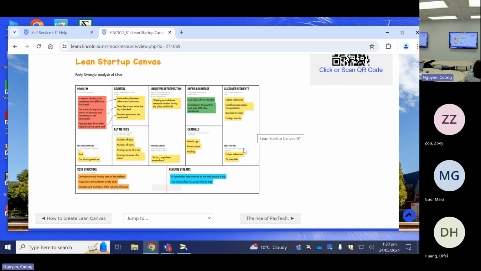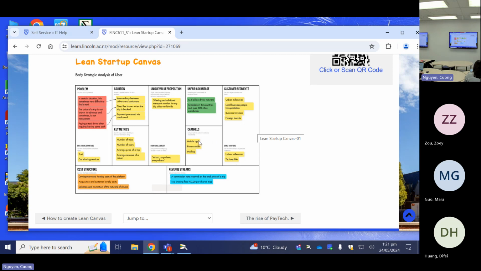Under that, we have early adopters. If someone already uses your product, you can list this here, or you can list who potentially will be the first users of your product. And from that we have channels.